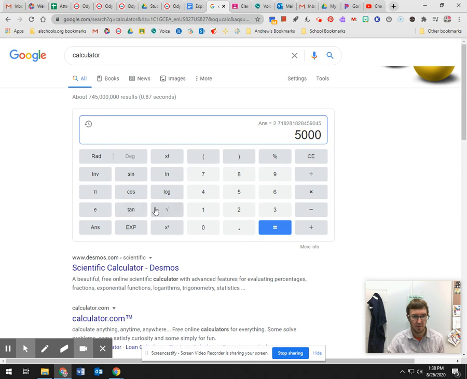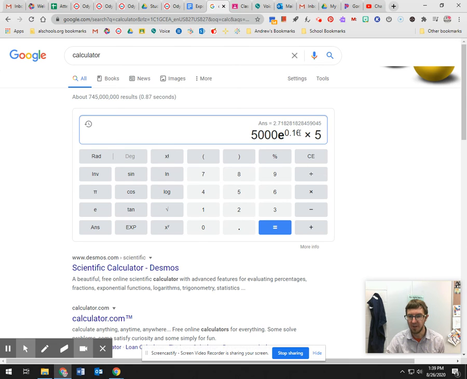I'm going to type that in the calculator. 5,000 times E to the power of 0.16 times 5. With this calculator, it looks like I'm going to need to put some parentheses because it's putting the times 5 at the end. I don't want that. That's not what my formula looks like.